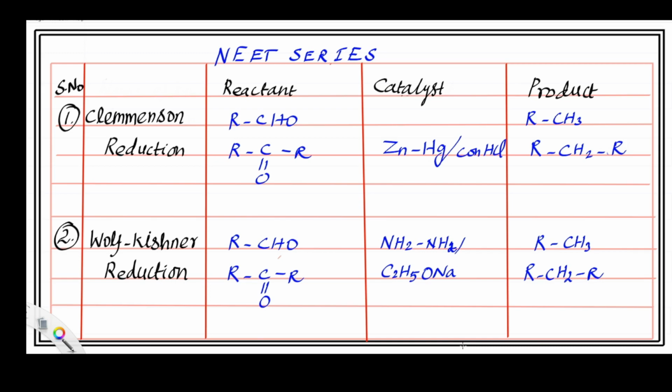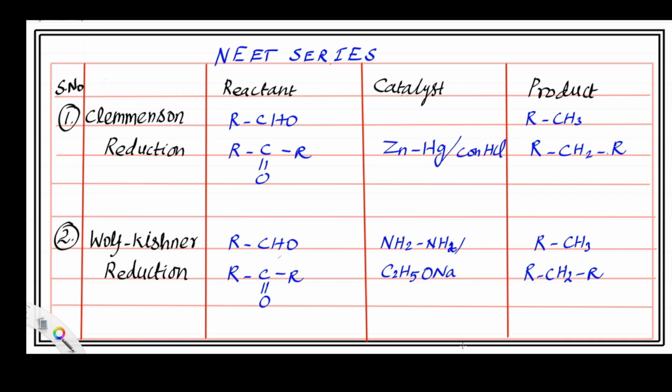These two carbonyl compounds undergo these types of reduction. We get alkanes as the product. Here we use zinc amalgam, that is zinc dissolved in mercury with concentrated HCl, or hydrazine with sodium ethoxide as a catalyst. Now we see one by one.